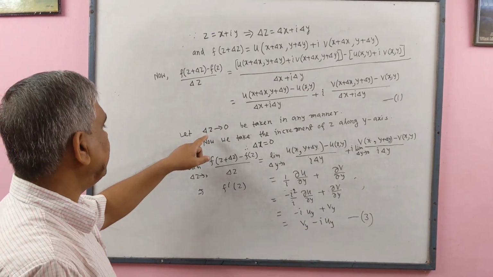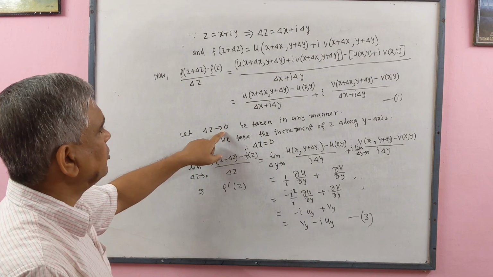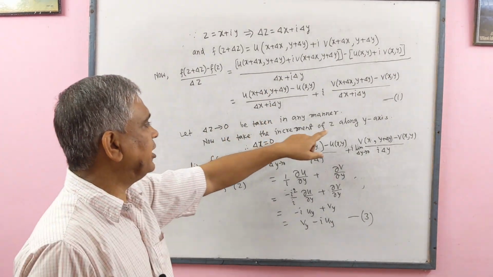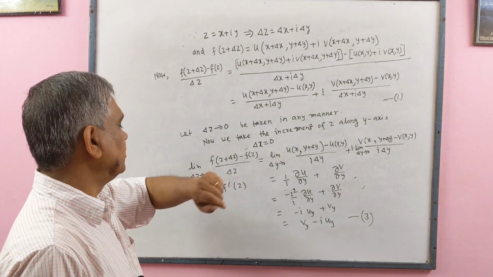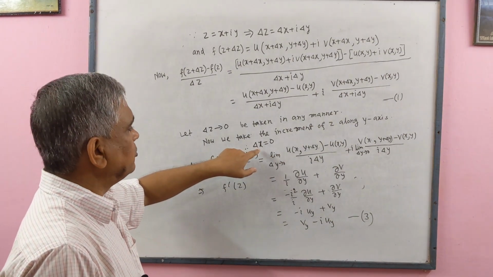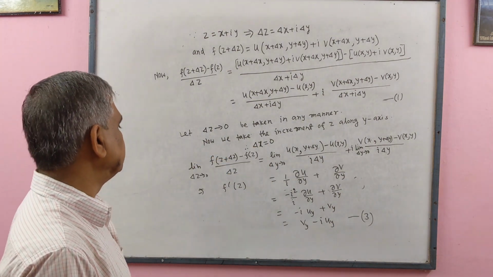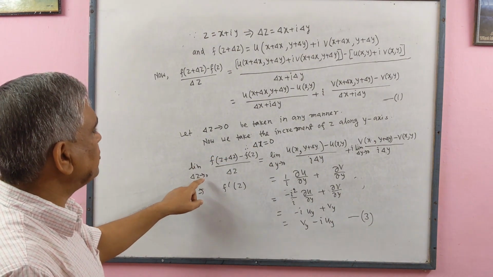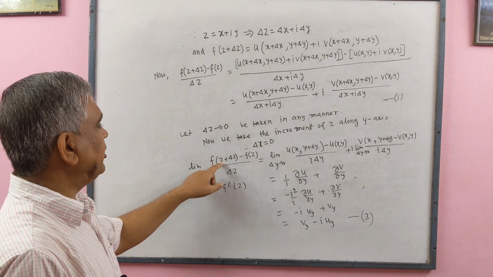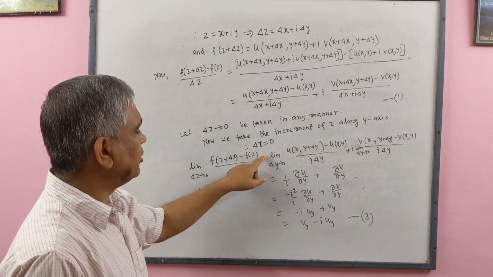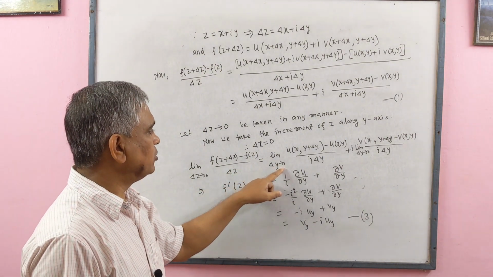Since we may take delta z tends to 0 in any manner, now we take the increment of z along y axis, that is there is no increment along x axis, that is delta x equal to 0. Now limit delta z tends to 0, f(z plus delta z) minus f(z) by delta z equal to limit delta y tends to 0.